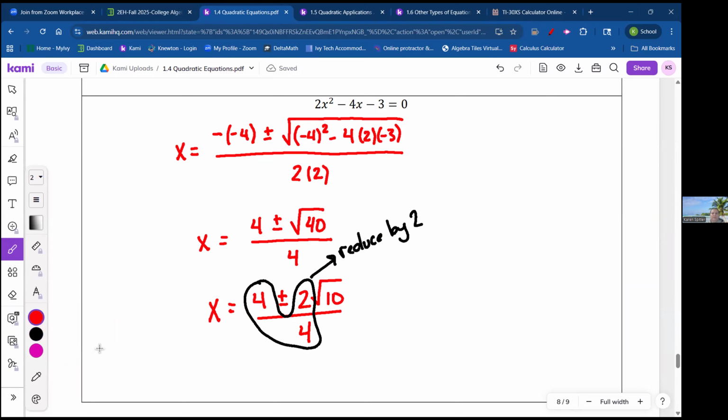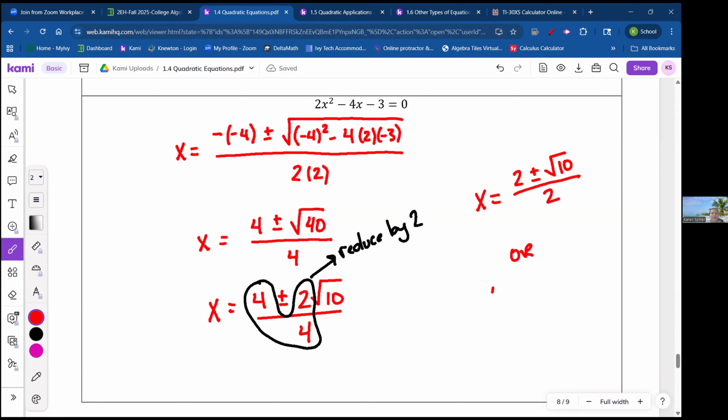So 4 divided by 2 is 2. 2 divided by 2 is just 1. So you're just left with the square root of 10. And 4 divided by 2 is 2. Now, you can separate this.